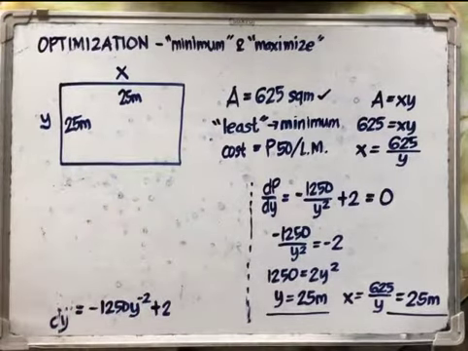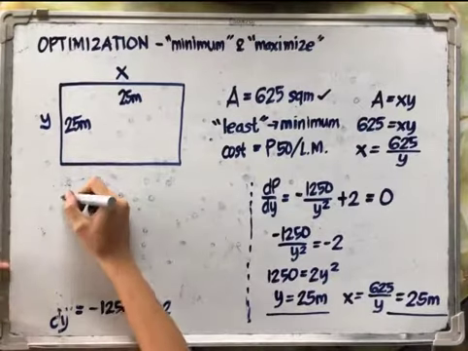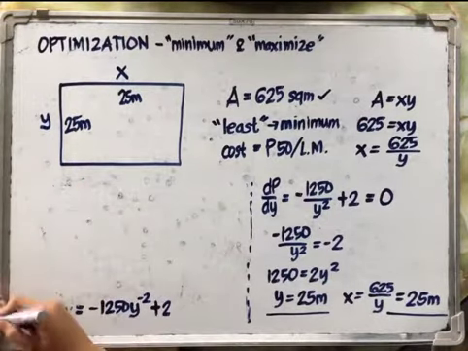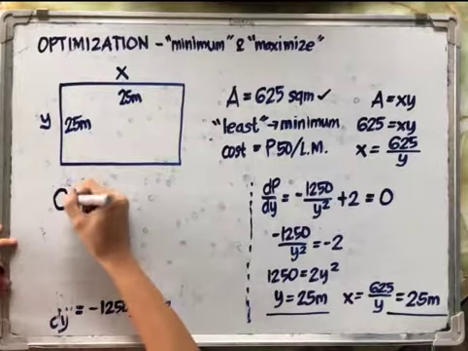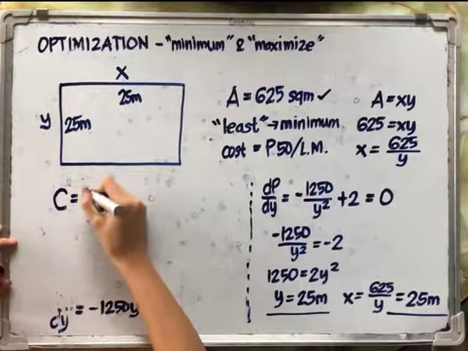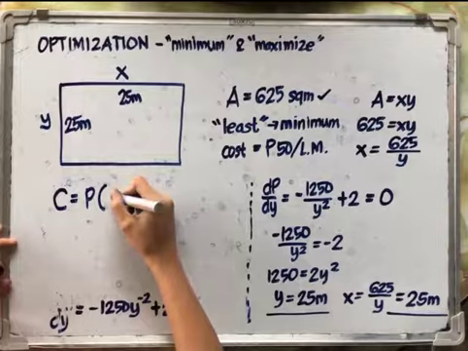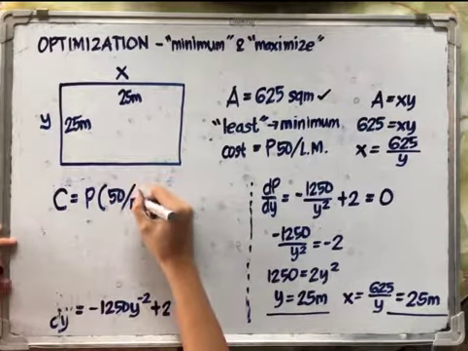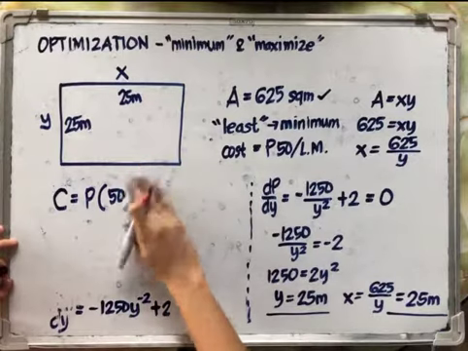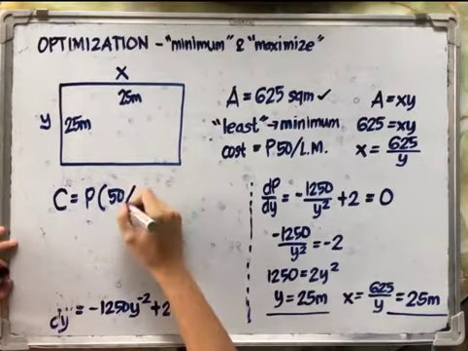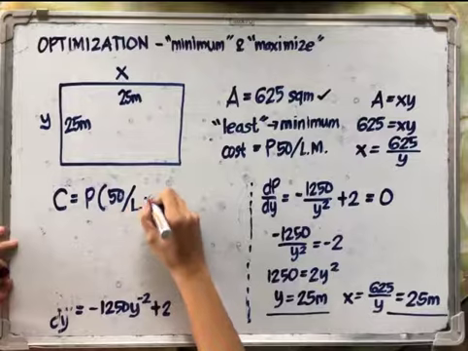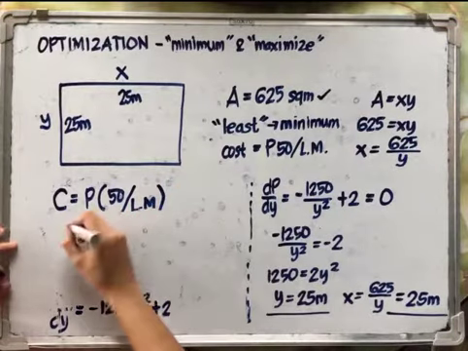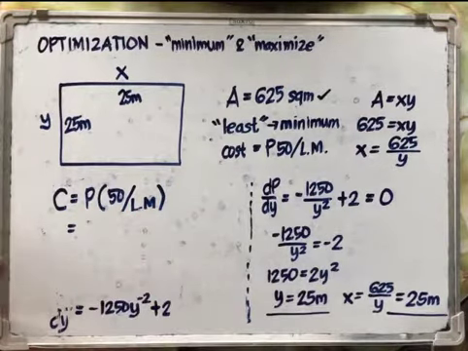Alright. Cost natin, paano i-compute yan? Ko-compute mo yung ilang linear meter siya, no? So, ang cost natin is ang perimeter times 50 per meter, per linear meter. Alright. So, ilang linear meter ba ito lahat? Kunin natin si perimeter niya.